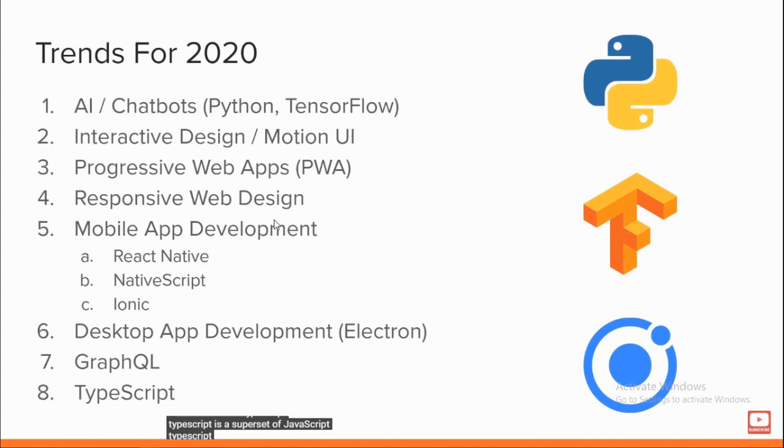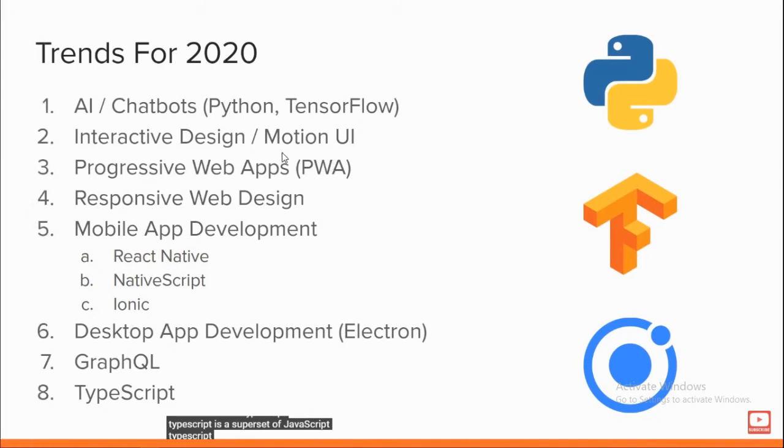Okay, so other than HTML, CSS, JavaScript, Bootstrap, React, and Node.js, we can focus on the trends for 2020. For trends for 2020, we have AI, right? AI chatbots, Python, TensorFlow. TensorFlow is also available for JavaScript as a library, and we have interactive design, motion UI, UI/UX that is famous, and progressive web apps.